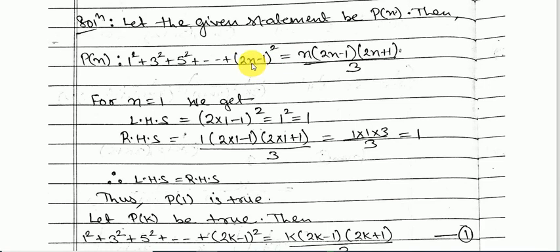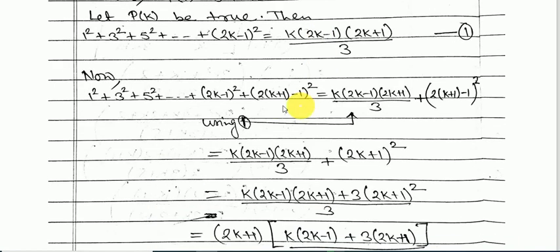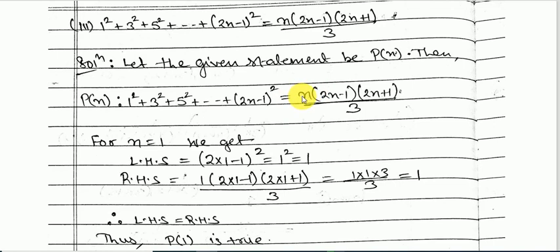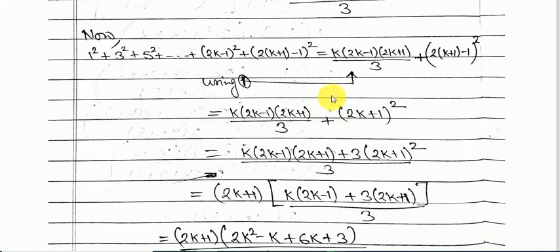Yes, with n over here 2n minus 1. Yes, the last term was (2n minus 1) whole square. So here you got n, this n is here, so here you got n (2n minus 1) into (2n plus 1) upon 3. But here we have the last term k plus 1. Yes, k plus 1. So on the right you should get (k plus 1) in bracket 2 into (k plus 1) minus 1 in bracket 2 into (k plus 1) plus 1 upon 3. Okay, so you have to simplify this and you should get that.